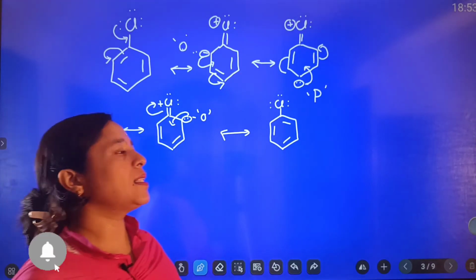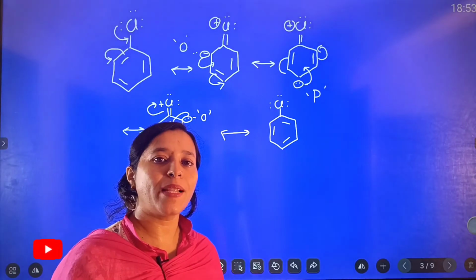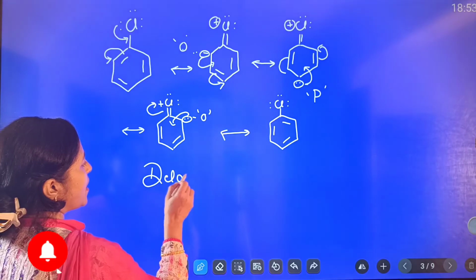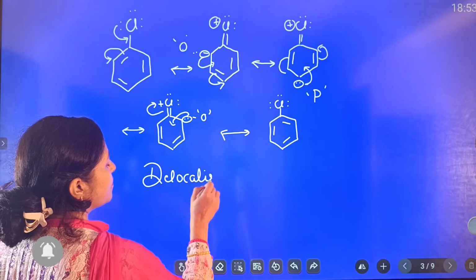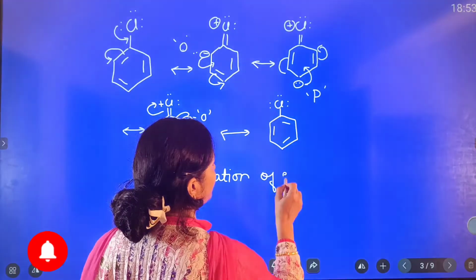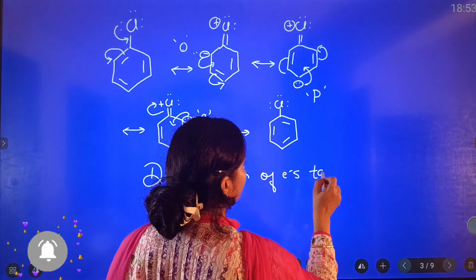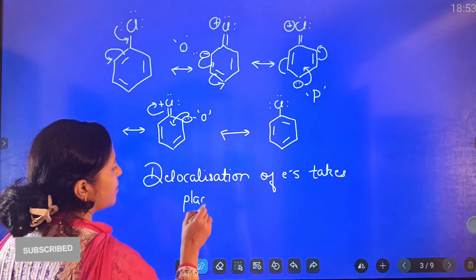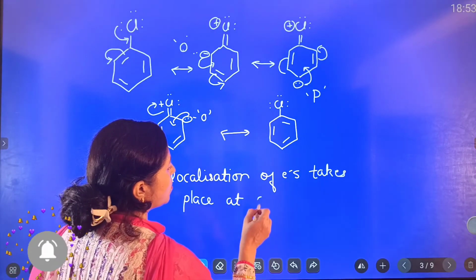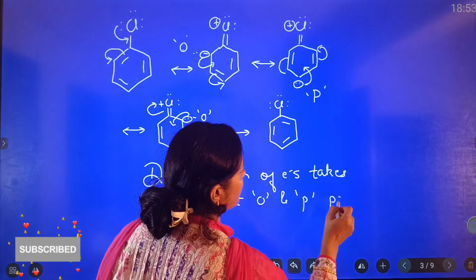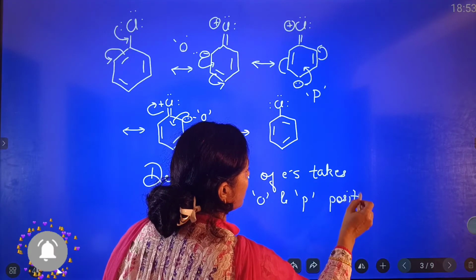So we can see that the delocalization of electrons takes place mostly at ortho and para positions.